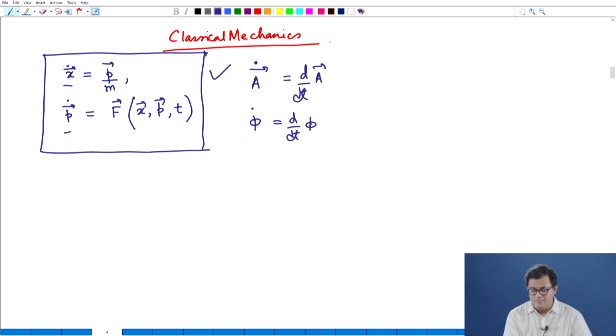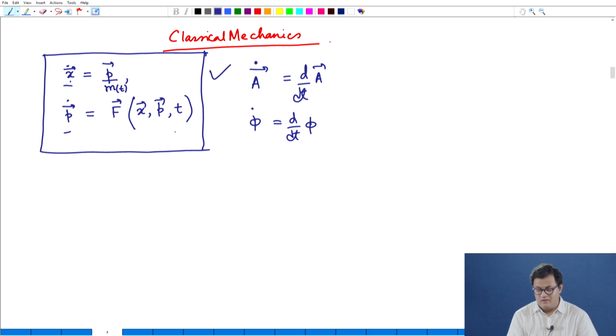So this gives me the equation of the evolution. In understanding the evolution of x, I need p and m; for understanding the evolution of p, I need f, which is a function of x, p and t. Now, what about this m? m can be written as an explicit function of time.